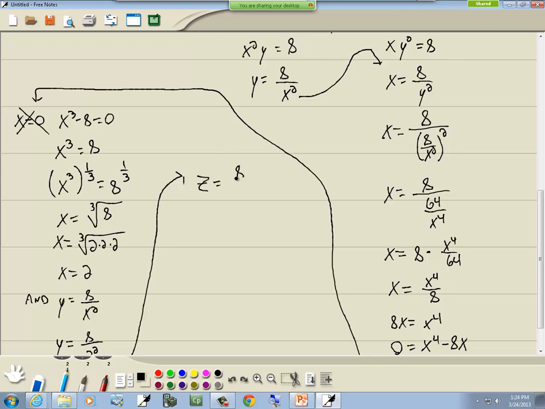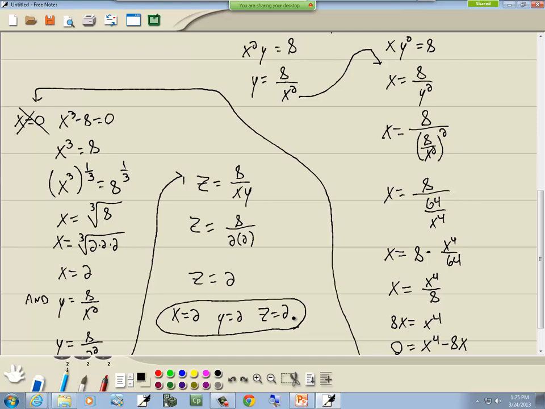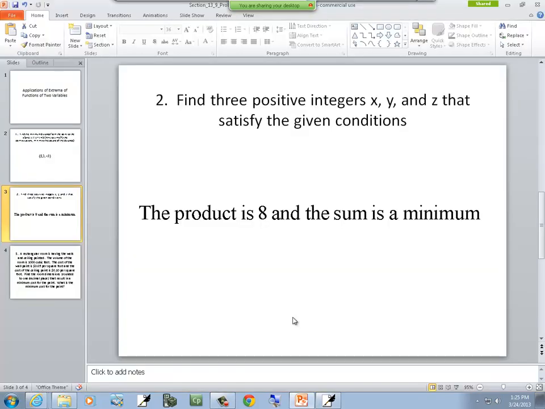And x was 2 and y was 2, so that would tell us that z is equal to 2. So we got x is equal to 2, y is equal to 2, and z is equal to 2. And those would be our answers.